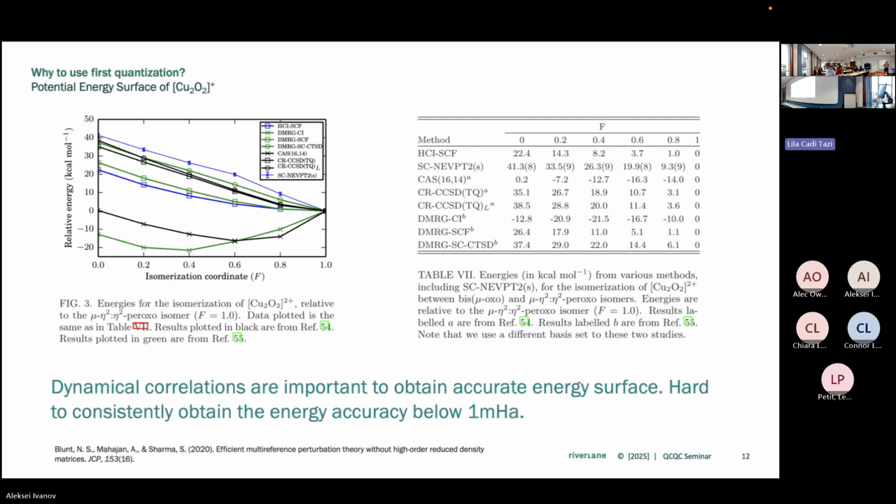Yeah, and this is what people try to argue when they consider quantum algorithms. They say, okay, the hard problem is to account for static correlations and then dynamical correlations. In complexity terms, it's simple because it scales polynomially with the system size. But there are many algorithms to do this, and the hard bit is to make them all agree within 1 millihartree, not just for one geometry, but when you stretch a molecule.